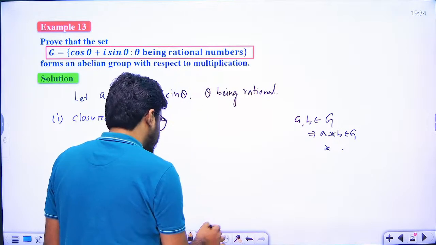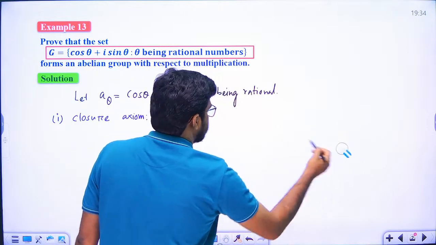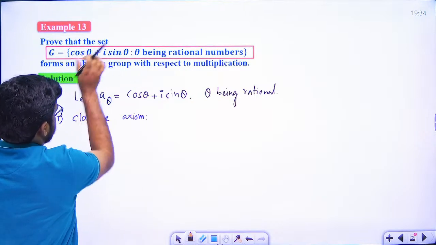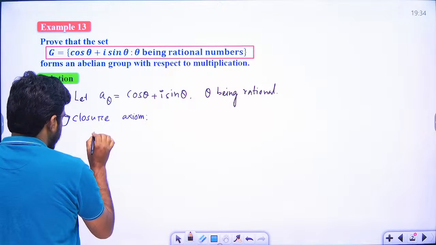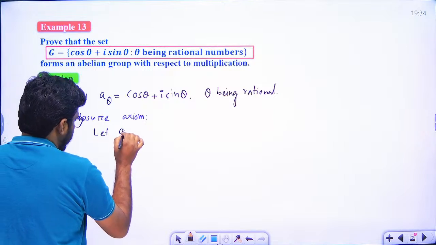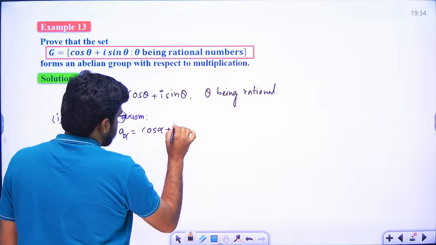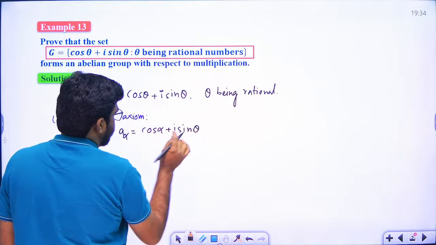So we consider two elements from the set G. What is the structure of the set G? G is cos theta plus i sin theta. So let a alpha be cos alpha plus i sin alpha.